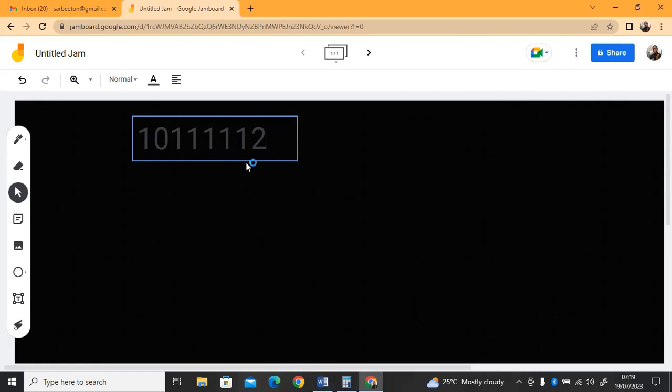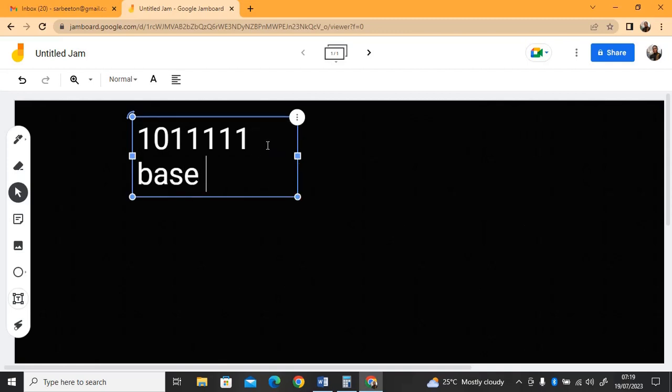So you have to convert this to base 10. Let me give it color white. Okay, that means base 2.